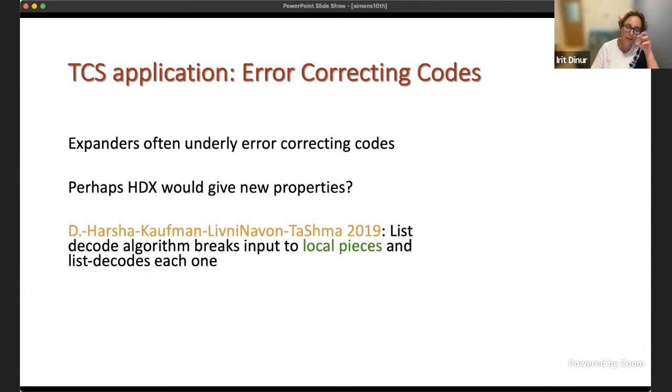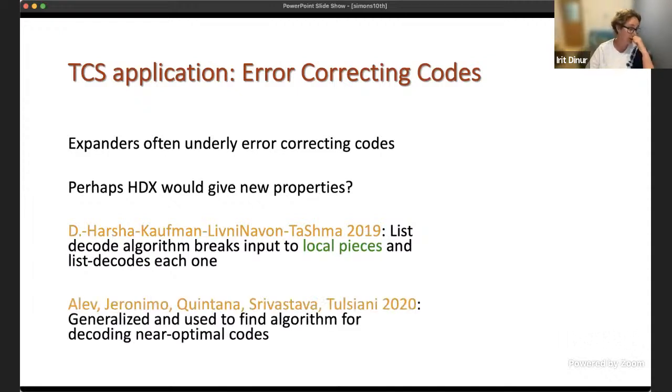You can use the local pieces of this code to do local decoding, and then you get a global list decoding algorithm. So that was a kind of confidence building, because we managed to prove something non-trivial using these objects, and it gave us some confidence for the future.